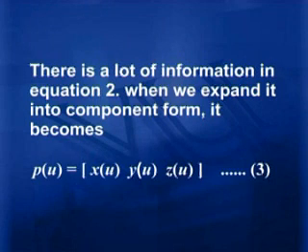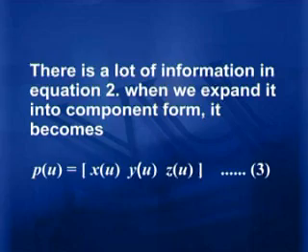Now there is a lot of information in equation 2. It's pretty simple to look at. P is equal to p of u, but when we expand it into component form, it becomes something like this. P of u equals x of u, y of u, z of u.